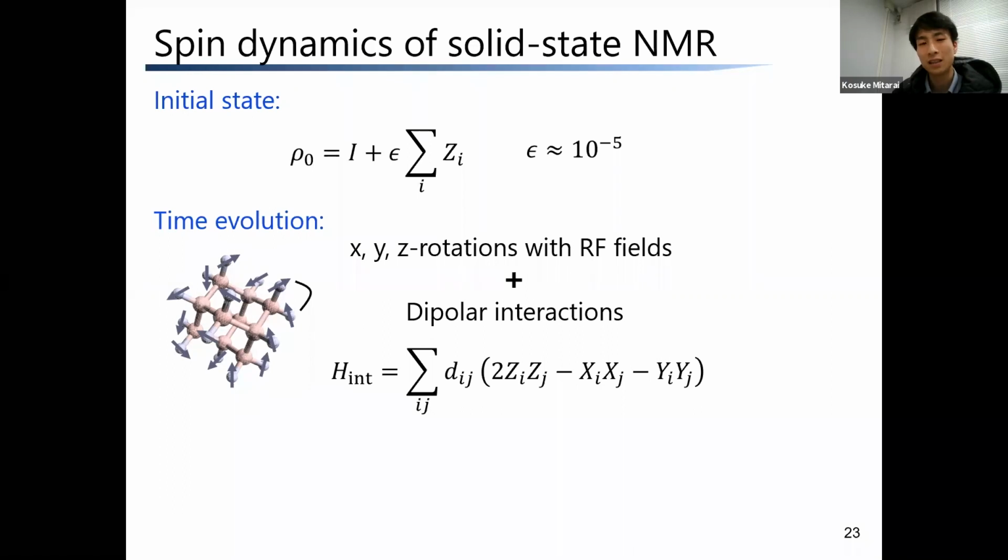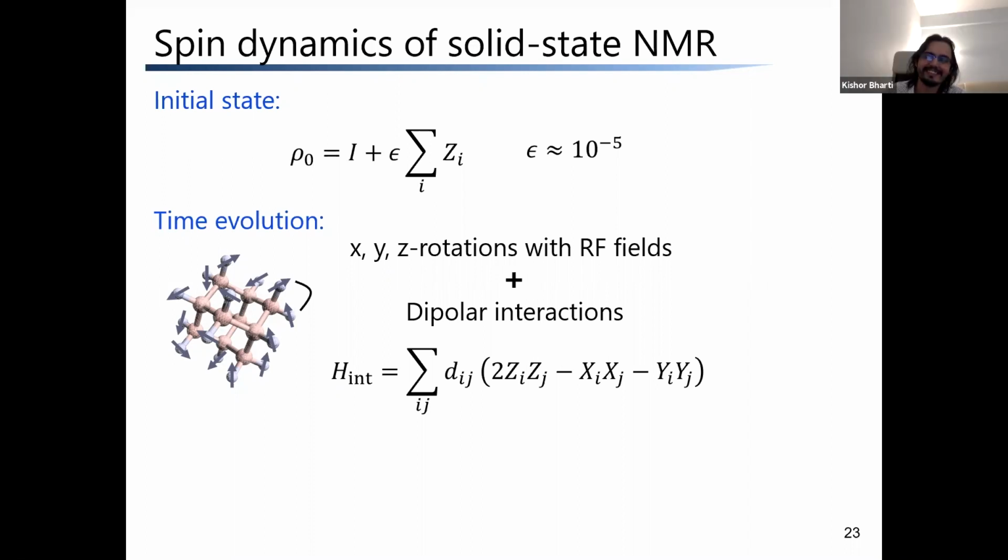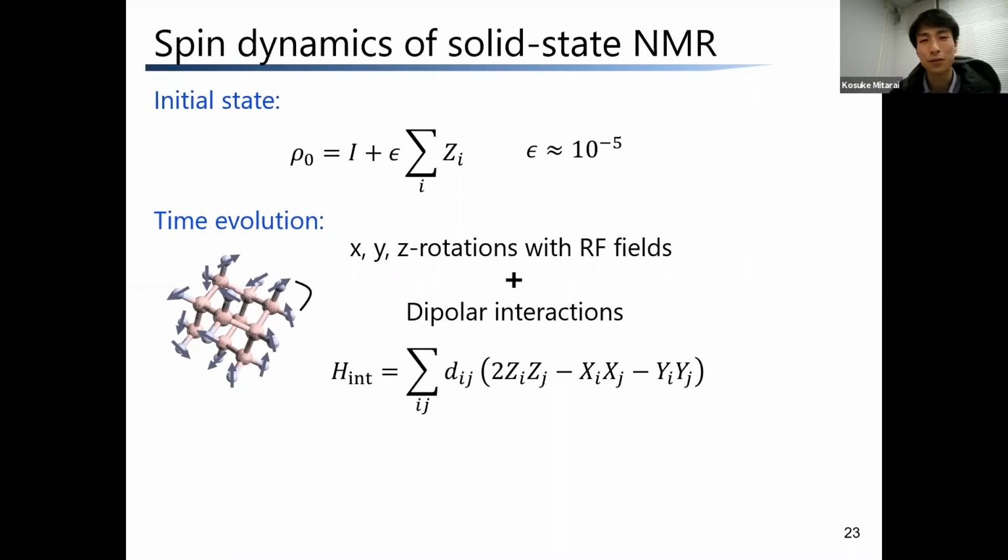That is why the NMR is not used as a quantum computing platform anymore. I see. But I think maybe 20 or 30 years ago, this NMR was a very popular candidate for quantum computing, but it is no more because of this initialization problem.